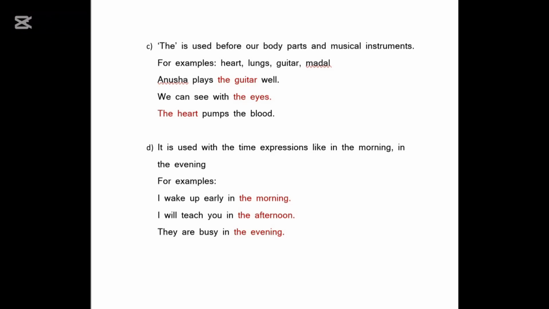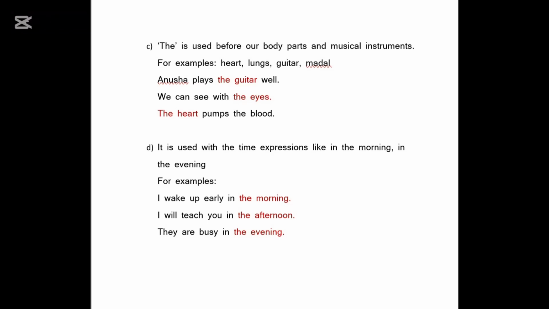Now comes point C, which clarifies that the is also used before any body parts or musical instruments. Body parts are the heart, the lungs, the kidney, and so on, whereas musical instruments means any instrument like the sarangi, the madal, the guitar, the harmonium. An example is given here: Anusa plays the guitar well.